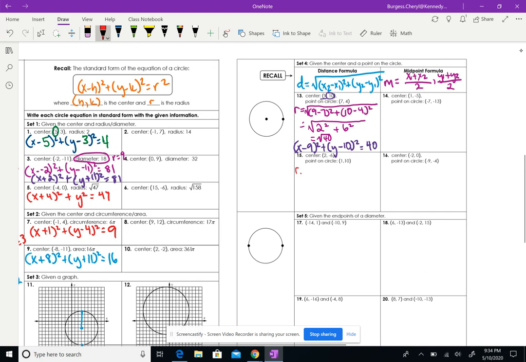Finding the distance, finding the radius. 2 minus 1 squared plus negative 6 minus 10 squared.